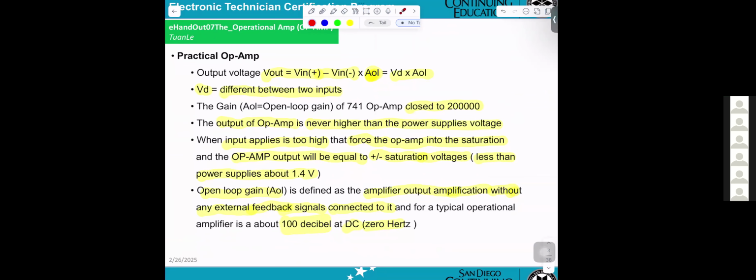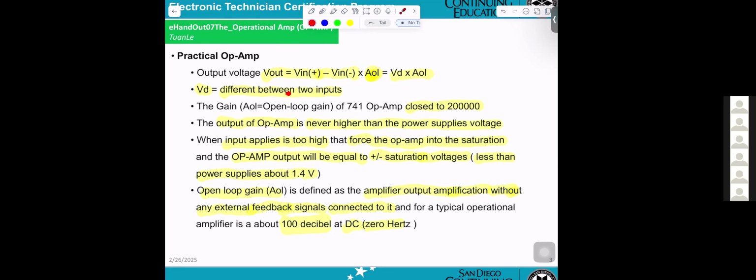Okay. For a practical op amp, output voltage Vout equals V at positive minus V at negative, times the gain. That means the VD, the differential voltage, times the gain.